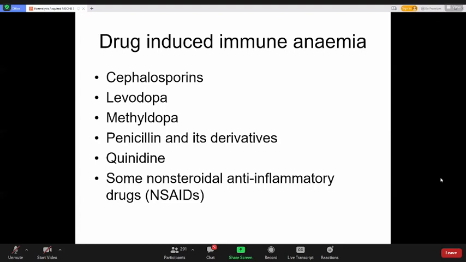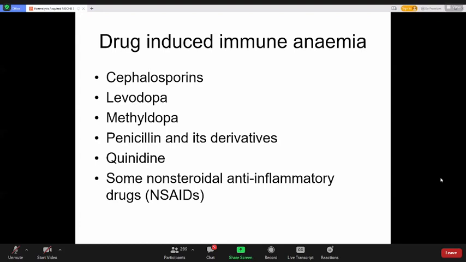Some drugs can induce an individual to produce autoimmune antibodies directly attacking their own red cells, or drugs can coat red cells, and that complex of the drug and the red cell can induce antibodies that may be directed against the drugs, and then the red cell is destroyed innocently.